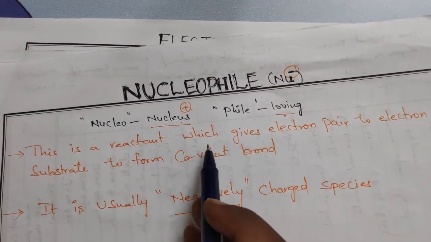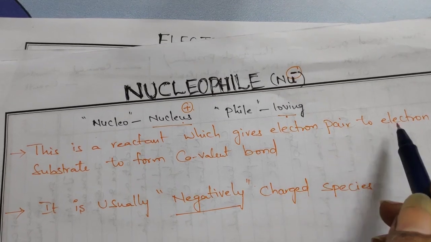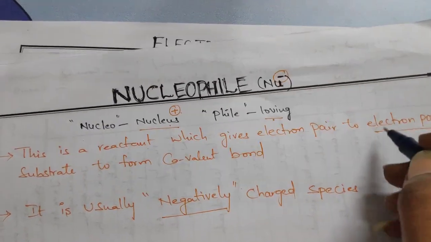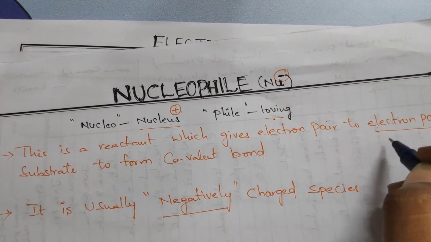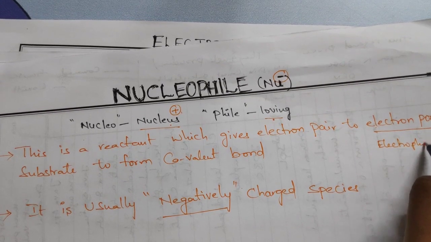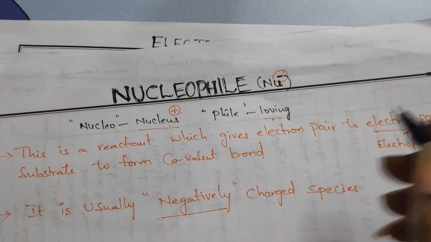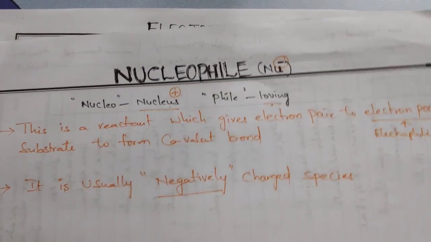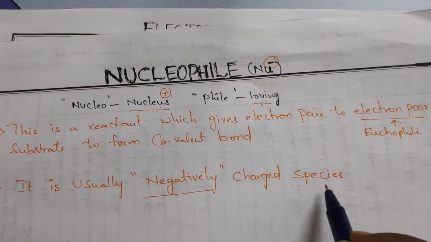This is the reactant which gives an electron pair to the electron poor substrate, that is, the electrophile. So it is usually a negatively charged species.